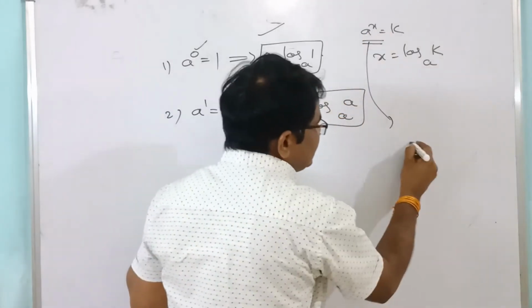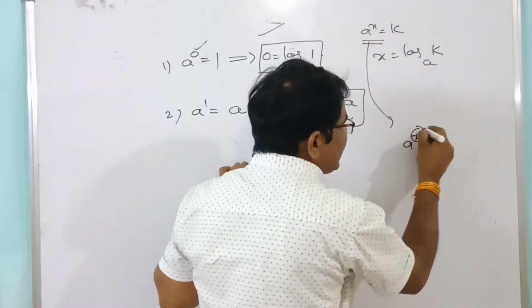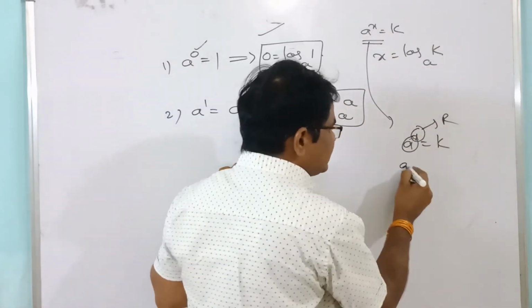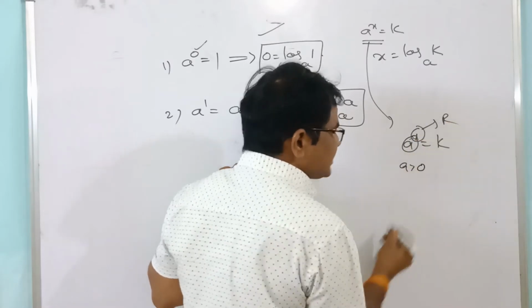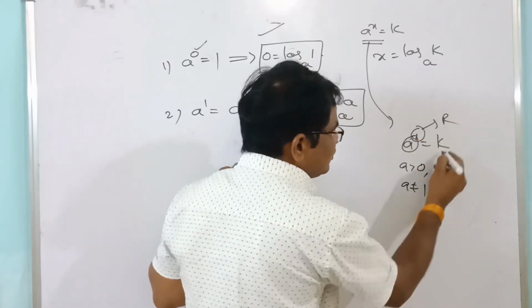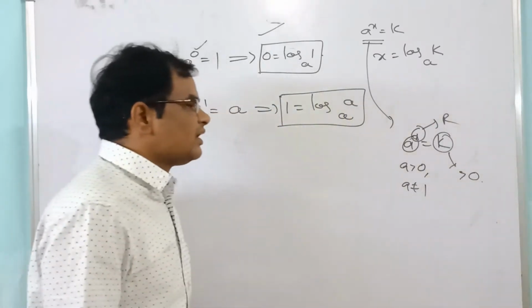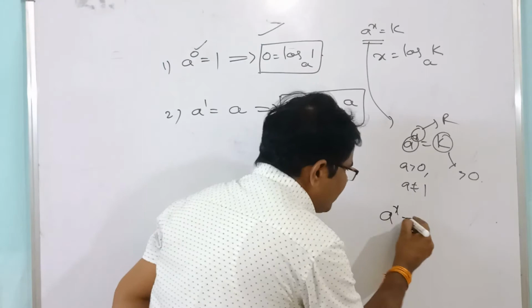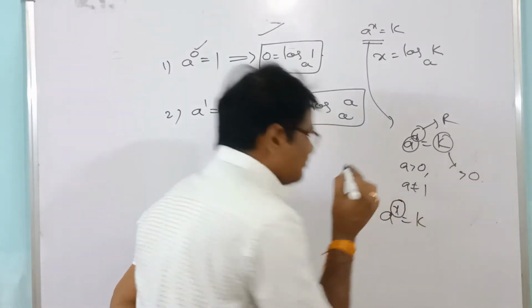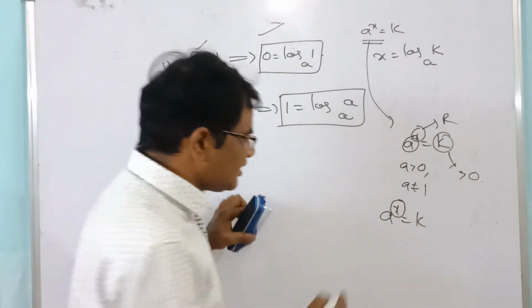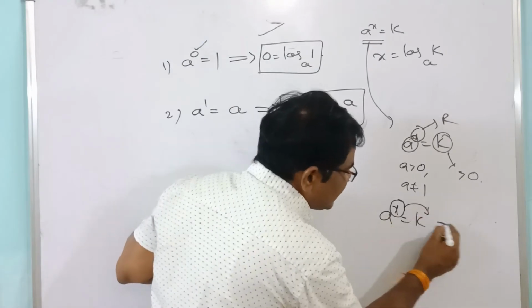Next. See here. So we know that a power x equal to k. A is what? A real number, and x is a real number. A is greater than 0 and a not equal to 1, and k also what? Greater than 0. Right? Now in this one, a power x equal to k, any real number you substitute, will you get the right side negative?